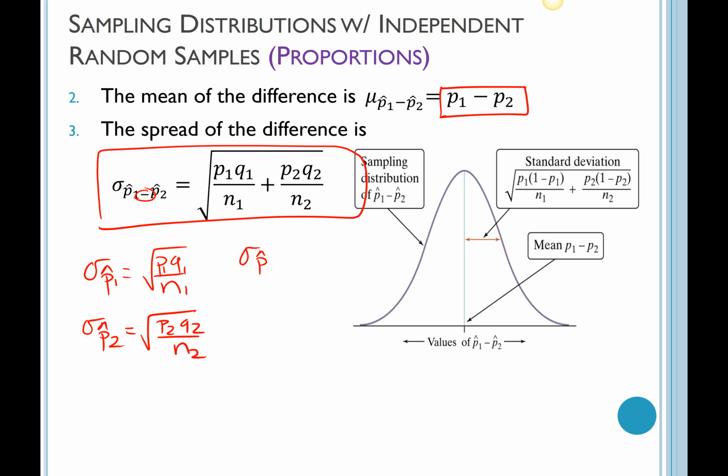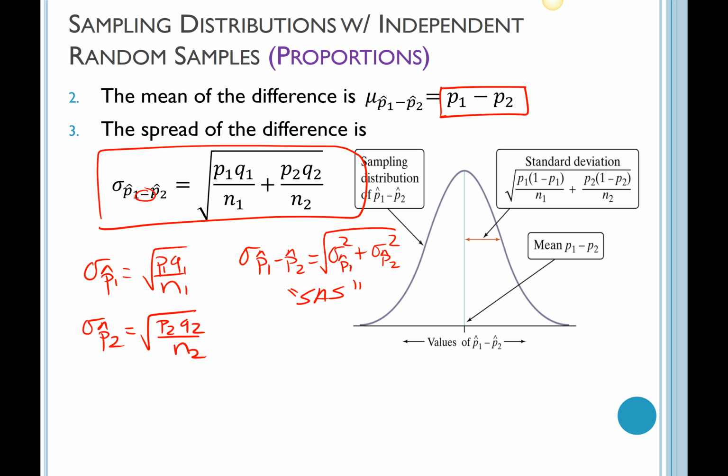So in order to figure out sigma of p hat 1 minus p hat 2, we need to take sigma p hat 1 and square that, add that to sigma p hat 2 squared, and take the square root of that. This is how we SAS, which means square, add, square root.